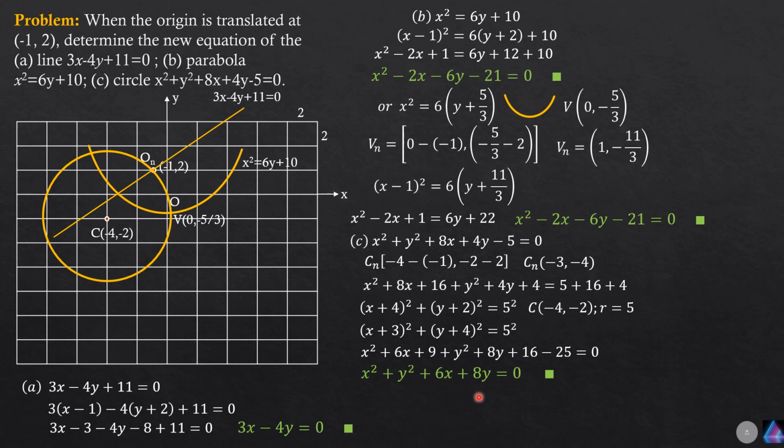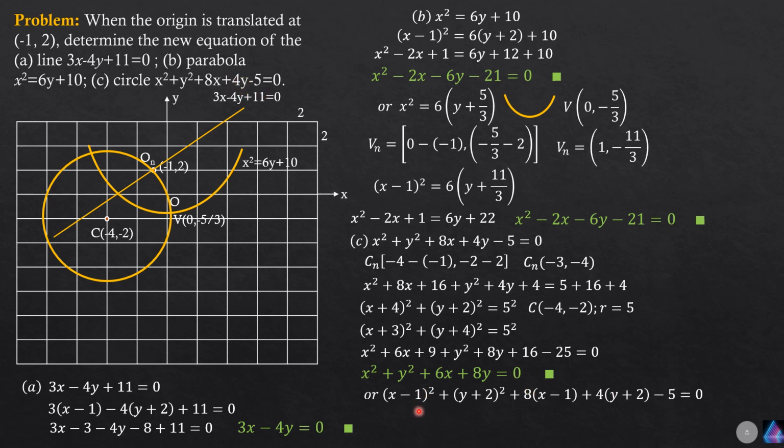That equation is correct. So as an alternate way, based on our technique here, we simply replace x by x plus -1 or x minus 1, and y by y plus 2. So with our technique applied for the first two situations, we have (x - 1)² + (y + 2)² plus 8 times quantity (x - 1) into the original equation plus 4 times quantity (y + 2) minus 5 equals 0.